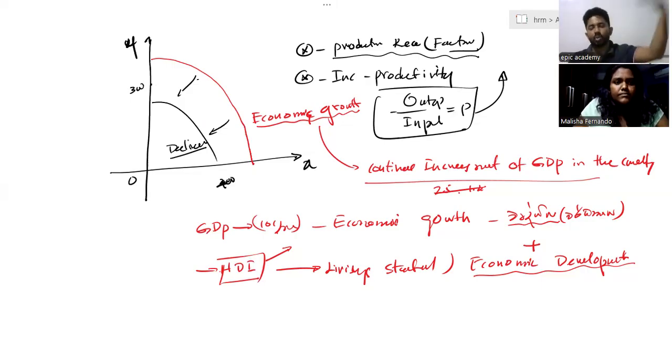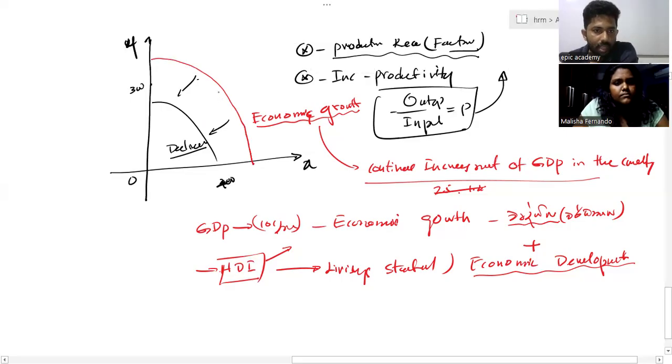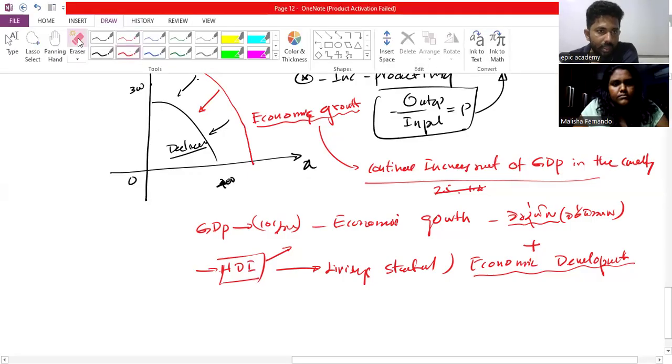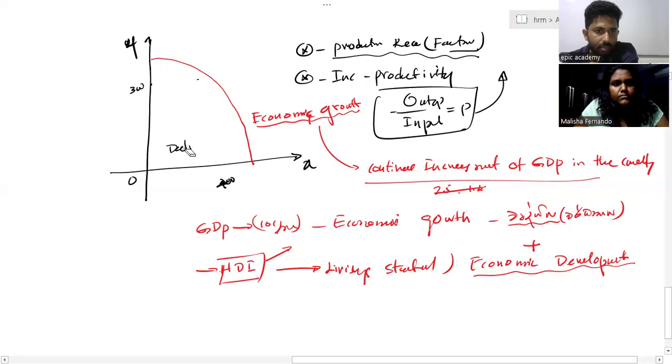What will happen in short time period effects? Just consider as an example, this is the production possibility curve. In the red line, we are going to represent the PPC. But in here, a short time effect, as an example, employer protests or something like that.